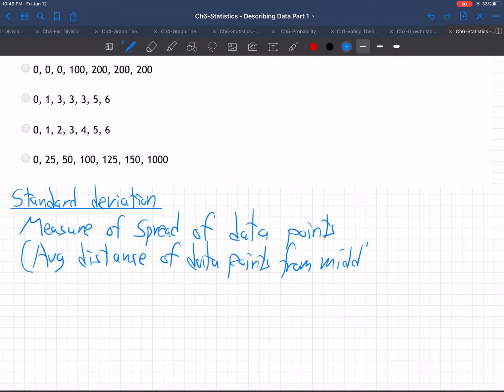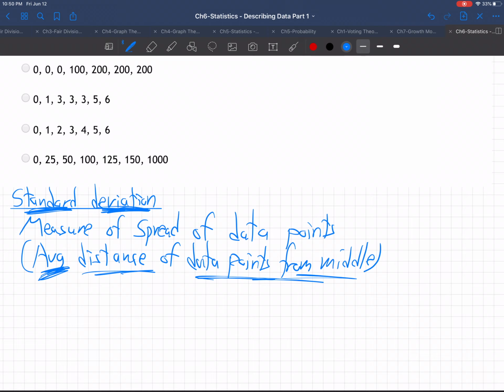Remember, deviation means distance from the middle. Somebody that's a social deviant, that means their behavior is different than average. They act funny. So deviation means different than the middle, different than the normal. So standard deviation means average distance from the middle.